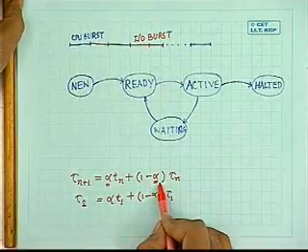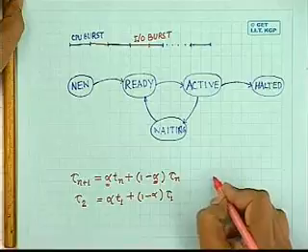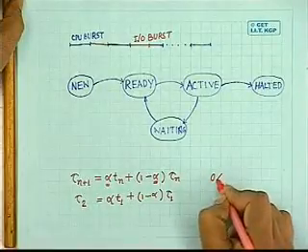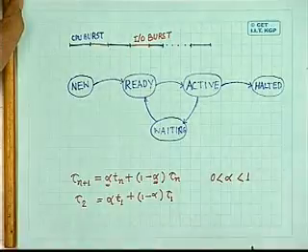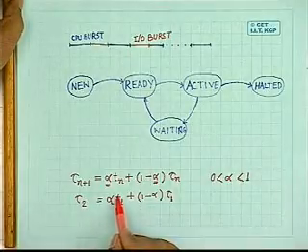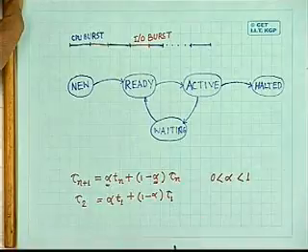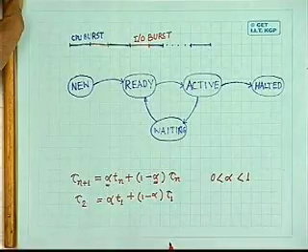So the usual practice is you choose a value of alpha between 0 and 1 so that you can have a proper mix of the immediate past and the past history of the job. Okay.